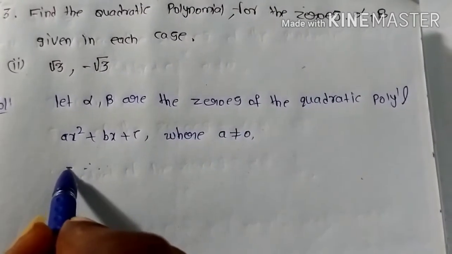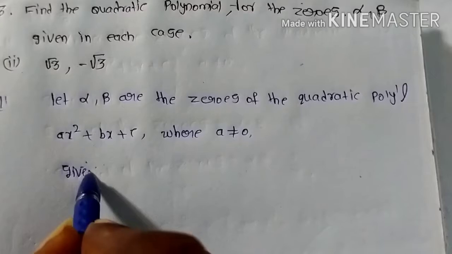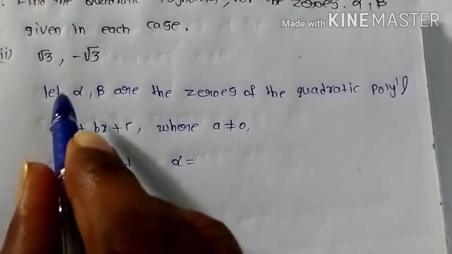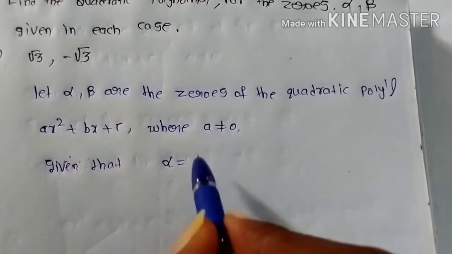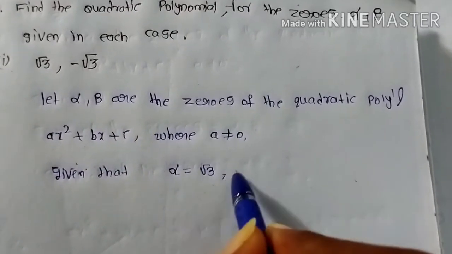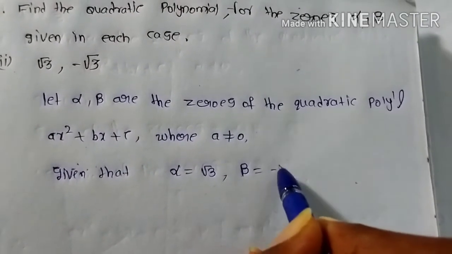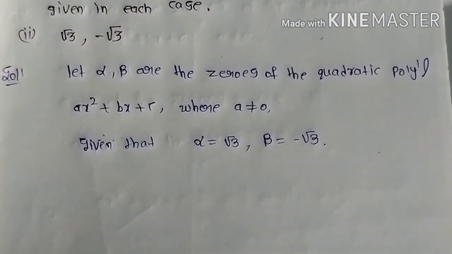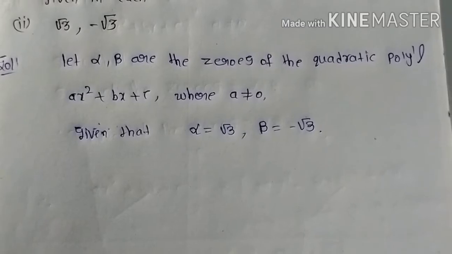Also, given that alpha is equal to how much? Root 3, yes or no? Alpha is equal to root 3. Beta is equal to how much? Minus root 3. Now you need to find the sum of the zeros and the product of the zeros.